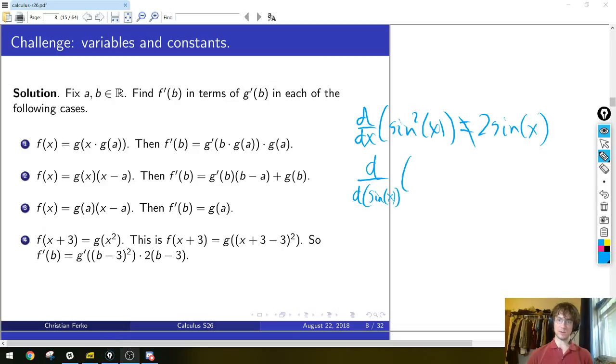If you had said that my dummy variable is now sine x, then it would have been true that this is twice sine x, for the same reason that if your dummy variable is x plus 3, you express everything in terms of that dummy and differentiate with respect to what comes inside the function.